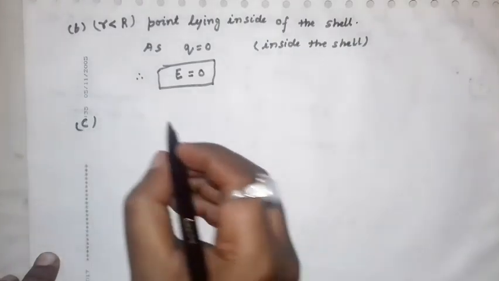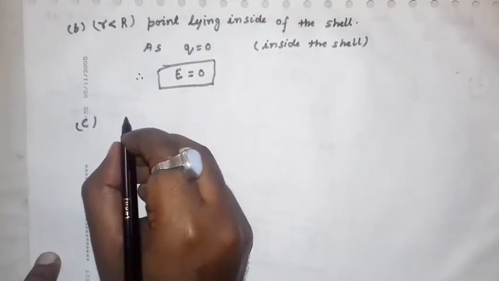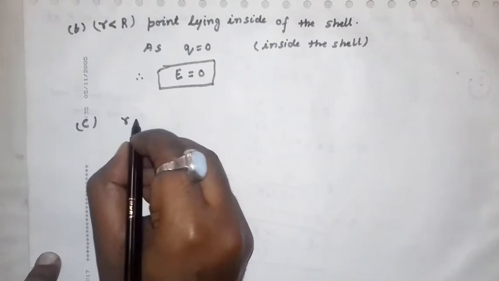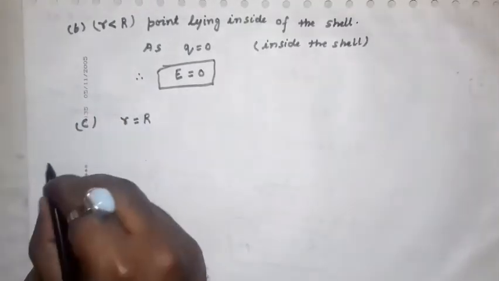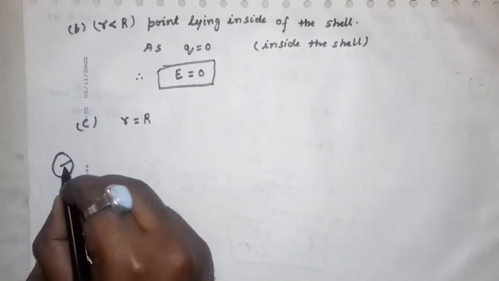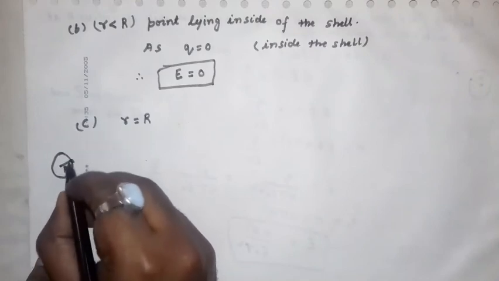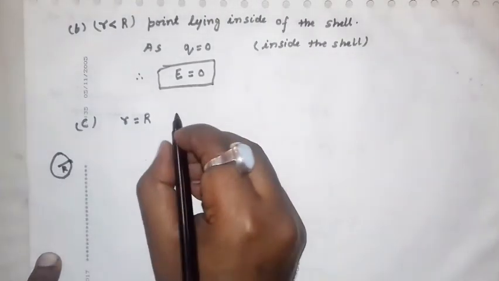Now we will discuss the next case. If r equal to R, this means the point is lying on the surface.